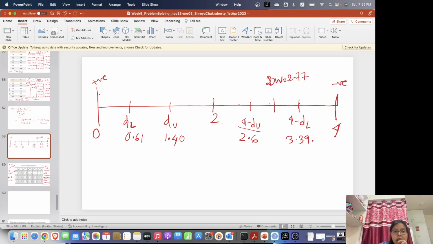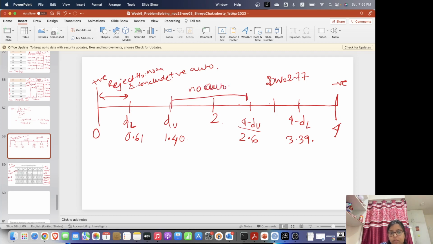So as we were saying, if it falls in the first region, then we would reject H naught, no autocorrelation, and conclude positive autocorrelation. This one, if it falls here, then we'll conclude no autocorrelation.